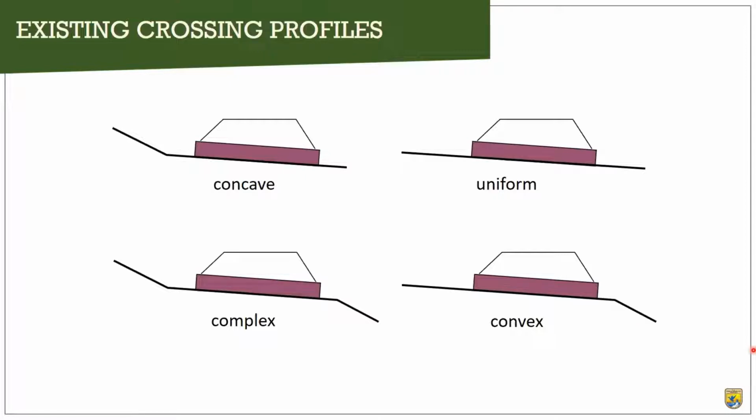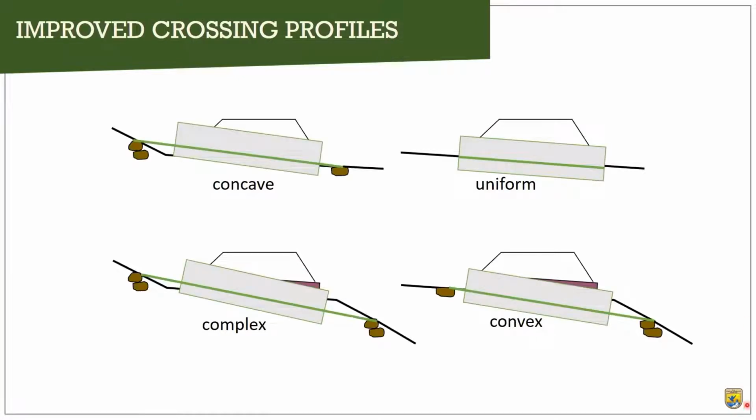So we have some solutions to these different profiles that we might find. The solutions are to find a compromise between the 2 slopes that will keep the sediment moving and to provide stable grade controls where needed to prevent a head cut from traveling upstream and causing the culvert to become perched.